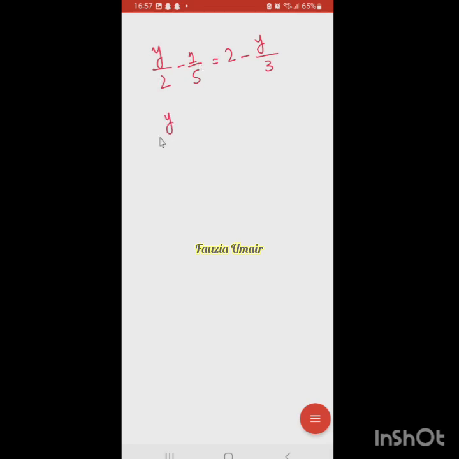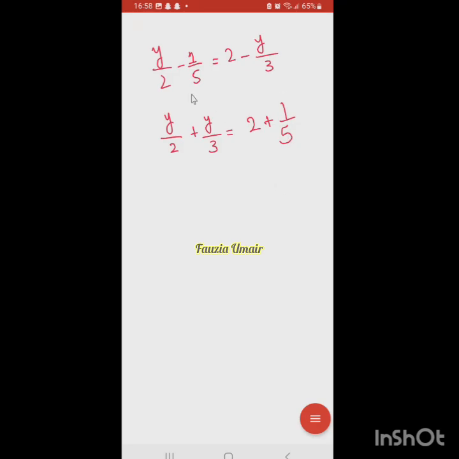So y by 2 will remain here. If I take this minus y by 3 here, it will be plus y by 3, right? So 2 was already here. If you take minus 1 by 5, it will be, right? Is this step clear? Just we have rearranged it.